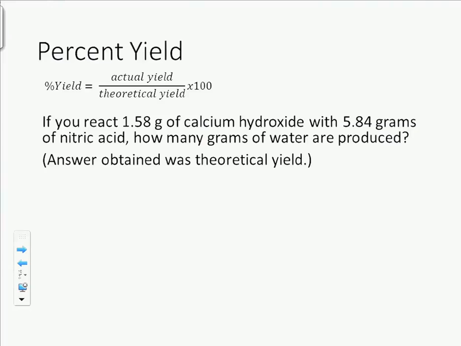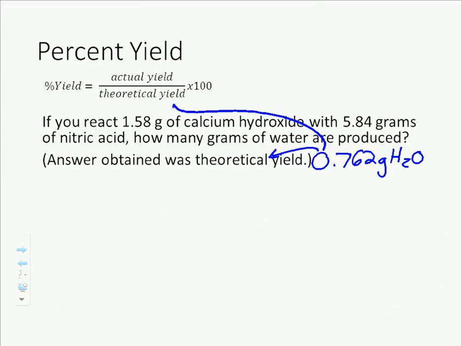All right, let's do this again, but 0.762 grams of water, but instead we want to have a different percent yield. So we're going to be given a percent yield. So that's our theoretical yield. Our percent yield, we're going to say no, we don't want to make it that bad. Let's say it is 46.1%.